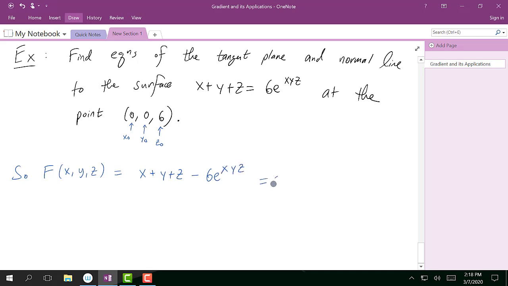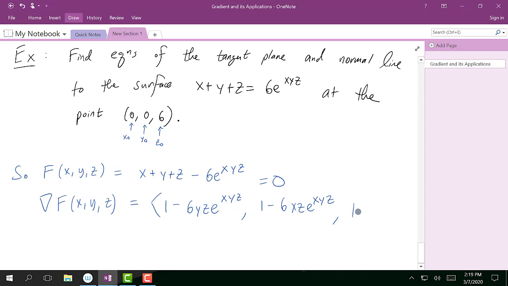Of course, this will be equal to 0. And then we take the gradient of this function, capital F. If we take the partial derivative of f with respect to x, we get 1 minus 6yz e to the xyz. We get something similar for the second one. Partial derivative of f with respect to y is 1 minus 6xz e to the xyz. The last one's going to be 1 minus 6xy e to the xyz.